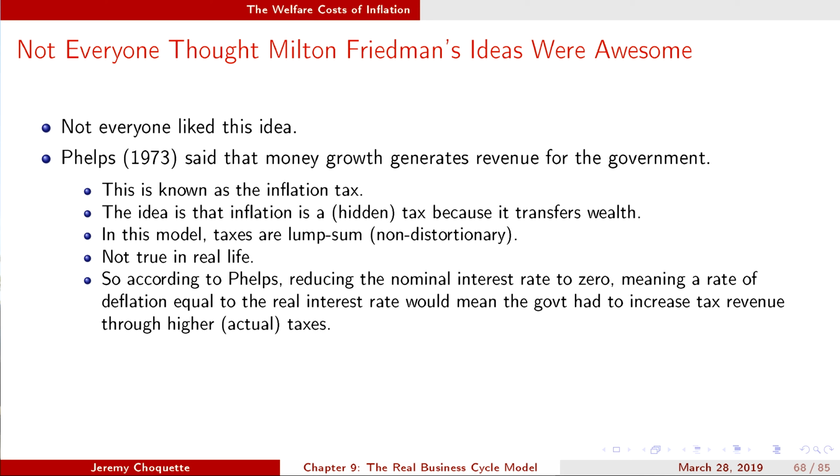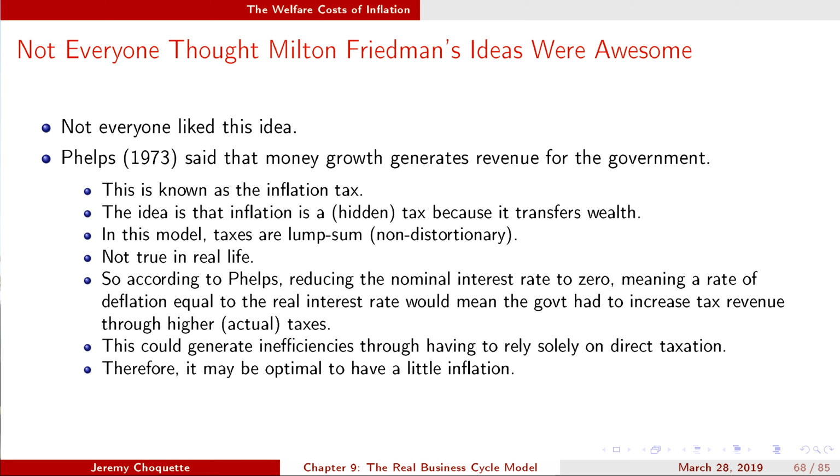Now, according to Phelps, reducing the nominal rate to zero would imply a rate of deflation equal to the real interest rate, which means the government has to increase tax revenue through higher actual taxes, higher lump sum taxes in this case. That could generate inefficiencies through having to rely solely on direct taxation, meaning it may actually be optimal to have just a little inflation.